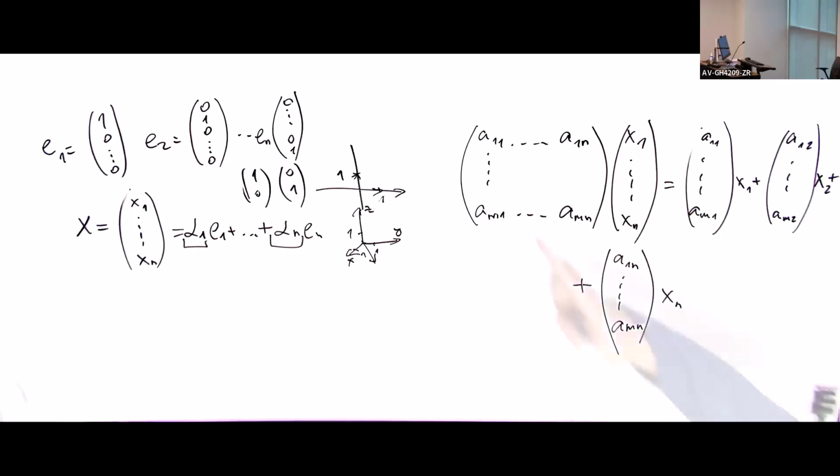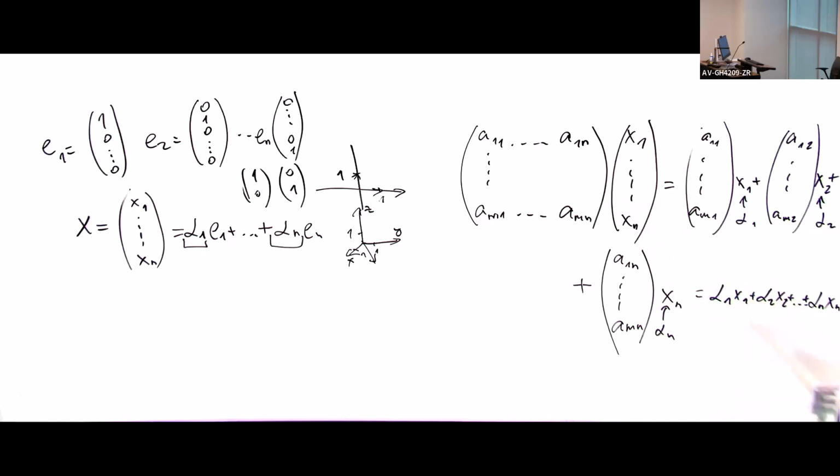You can multiply it in a different way, row by row, but you can write it this way and you will get exactly the same result. So you'll get a vector which is the first column times x1 plus the second column times x2, and so on. Think about the x's as alphas: alpha 1, alpha 2, alpha n. So it's alpha 1 times A1 plus alpha 2 times A2 plus and so on up to alpha n times An. So what is that? By definition, this is a linear combination of columns of A.